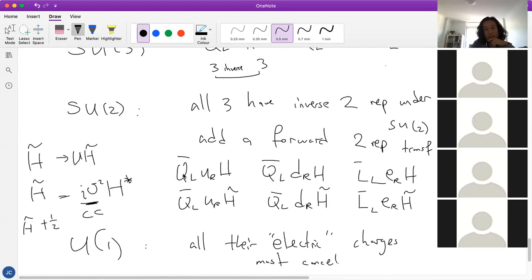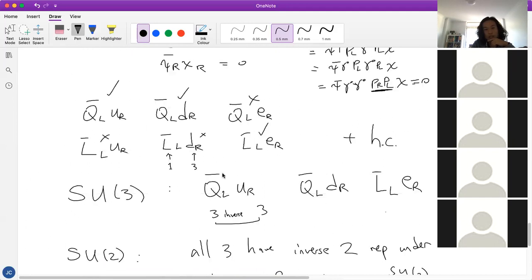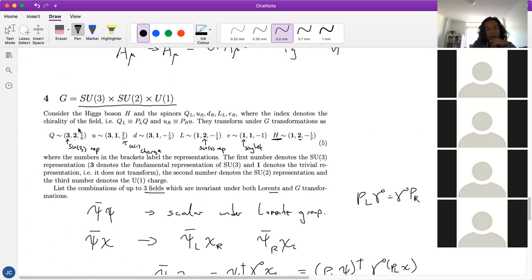So then let's look at QL bar UR H. QL bar has minus 1/6, and then U has plus 2/3, and then H has minus a half. And if my math is not completely dumb, this is equal to 0.